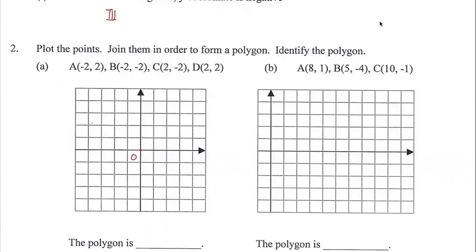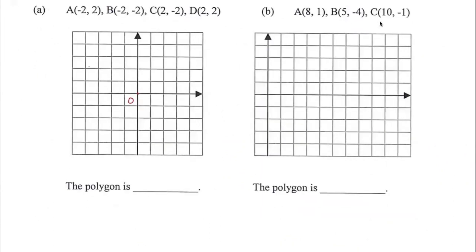Okay, so let's do part A. This polygon has 4 vertices, A, B, C, D. And A has the coordinates -2, 2. So we start from the origin. The x coordinate is negative, so we go left by 2 units. So -1, -2, and we stop here.